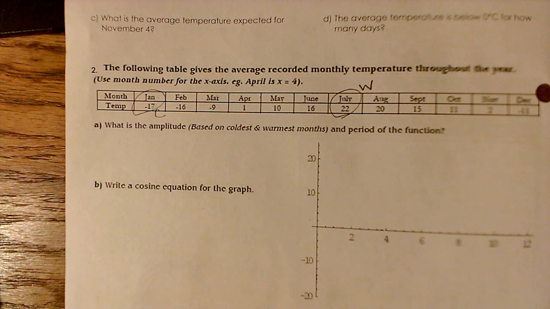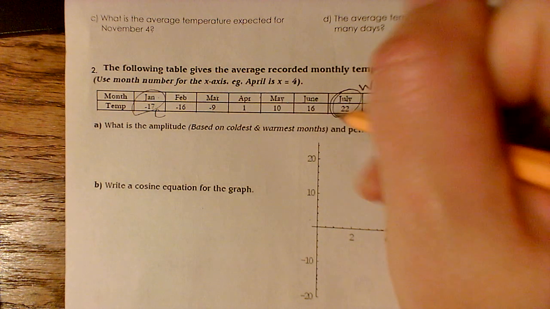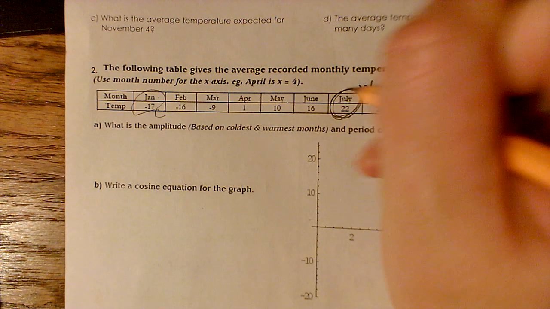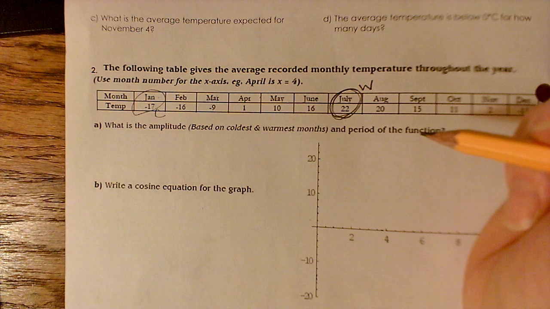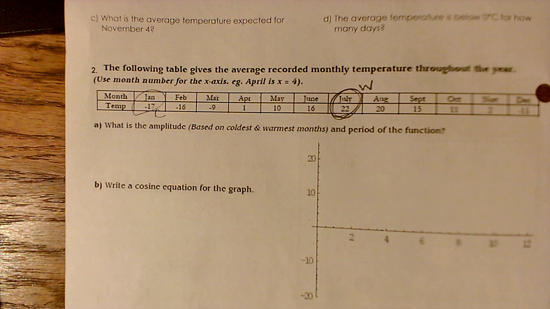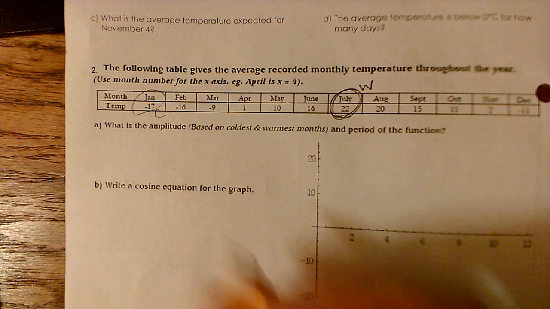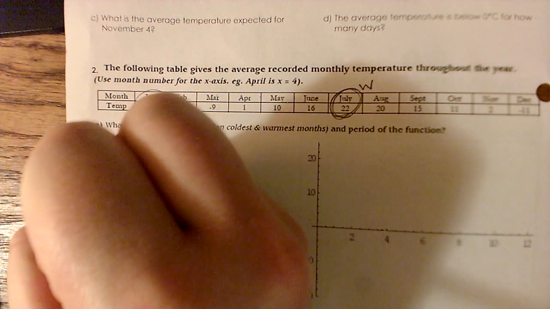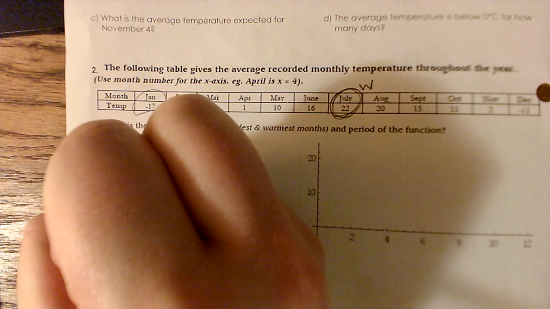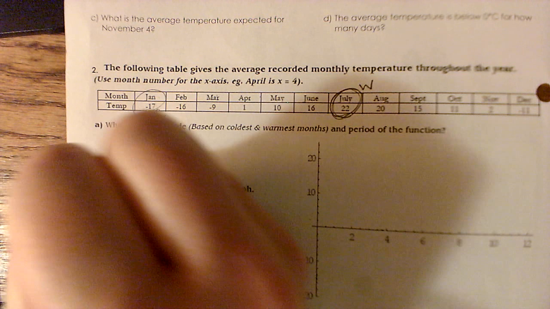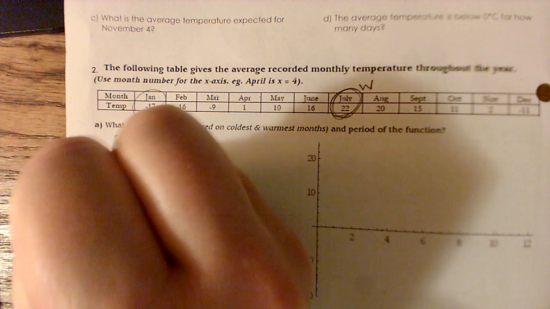So we know that this is technically where the graph starts, because we always start at the high point. So however many days it takes to get to July 22nd, that's the starting point of the function, or it's also going to be our C value. So the amplitude, remember, you take your highest minus your lowest and then divide by 2.